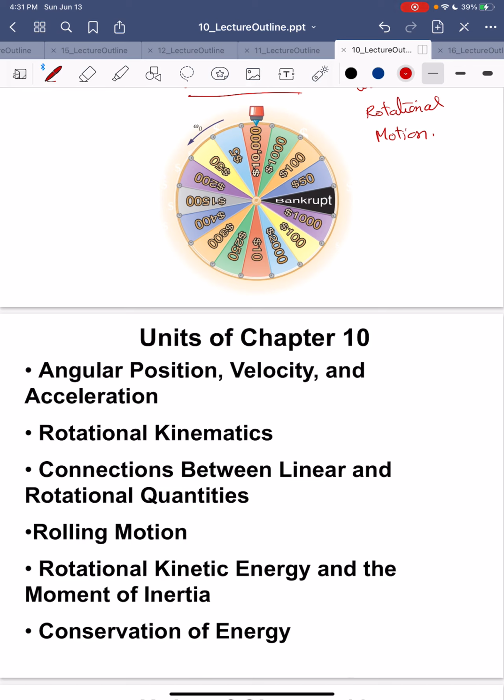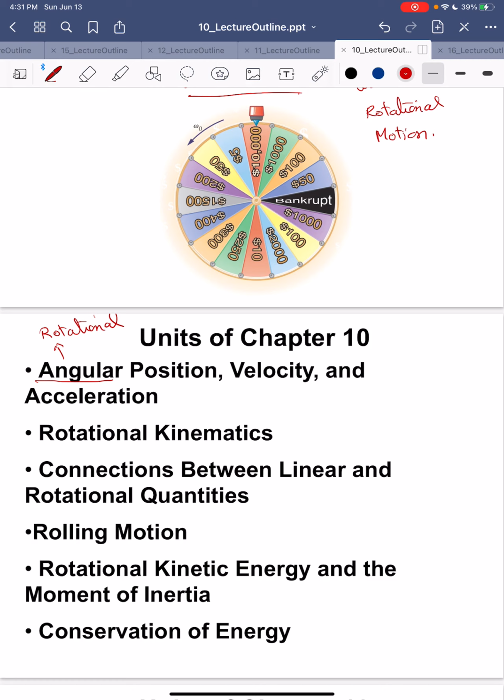As we did with linear motion, we are going to start with angular position, velocity, and acceleration. We are going to define the position, velocity, and acceleration. We call it angular from angle, or rotational.